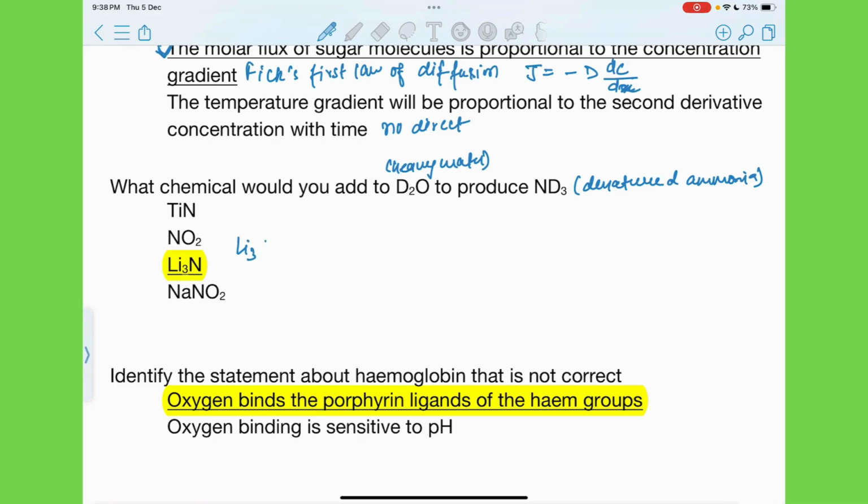So Li3N when added to heavy water gives deuterated ammonia and 3LiOD, lithium deuteroxide. Option number 3. Let's move to the next question.